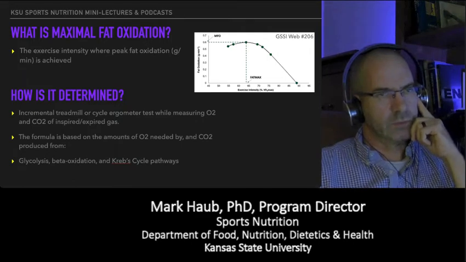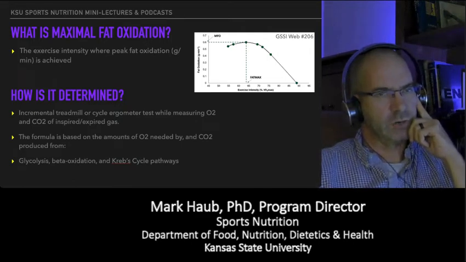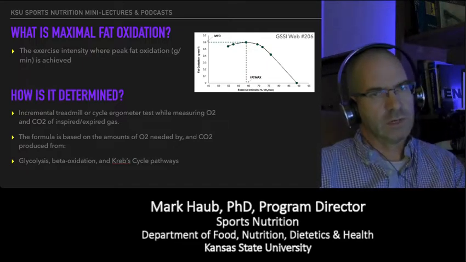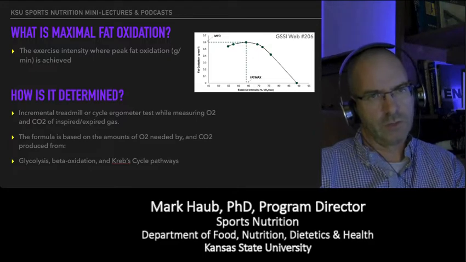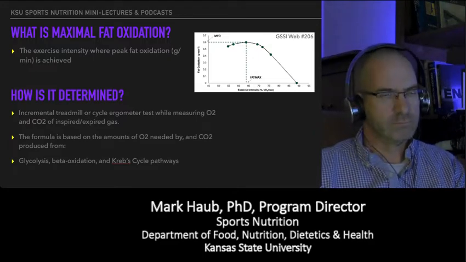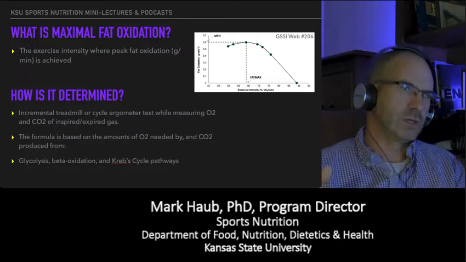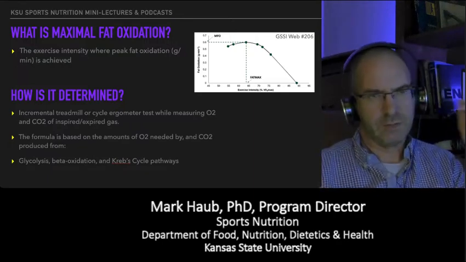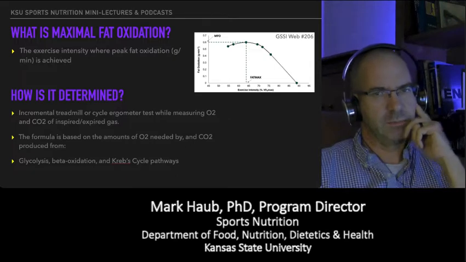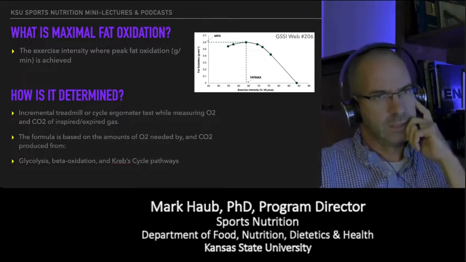And so what you have is fat oxidation in grams per minute across exercise intensities. As you go from a walk to a jog to a run to a sprint, you get a change in the contribution of fats and carbohydrates to the production of ATP, the metabolic processes. And we can measure that.